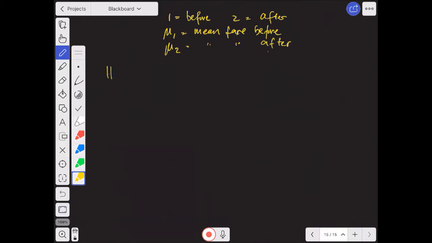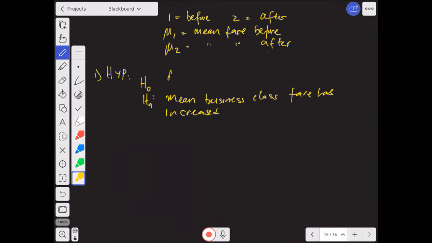So H0, HA. HA: the mean business class fare has increased, versus H0: the mean fare has not increased.